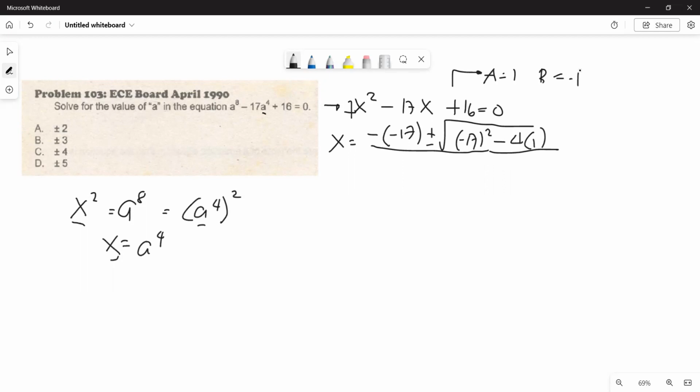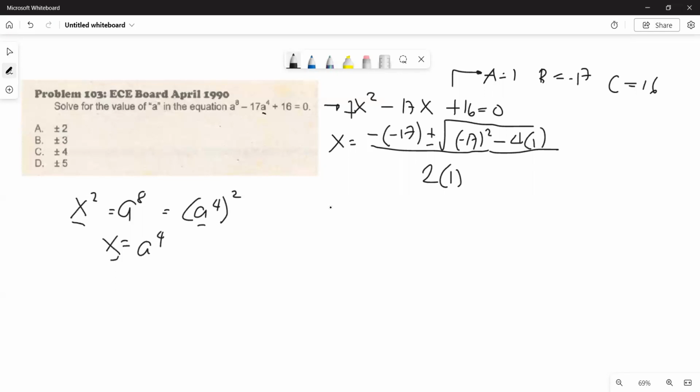B is negative 17, and C is equal to 16, all over 2A, which is 2.